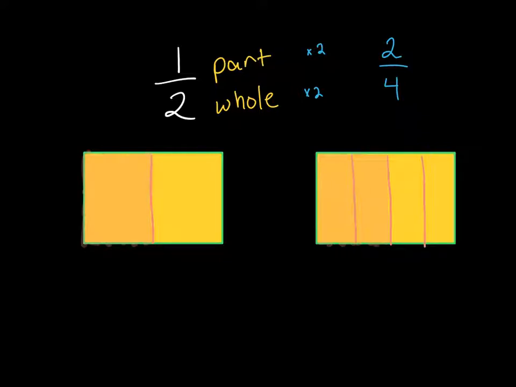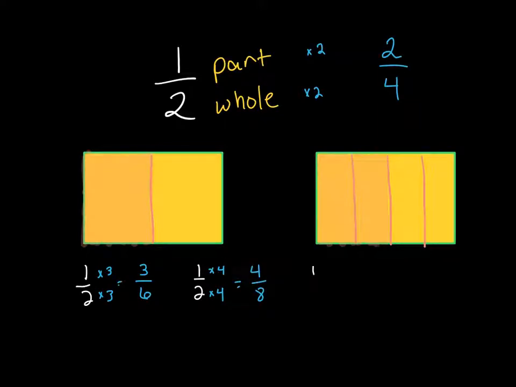Okay, we can continue to take 1/2 and find new equivalent fractions by multiplying by other numbers. We can do times 3, which would give you 3/6. We can multiply by 4, which would give you 4/8.